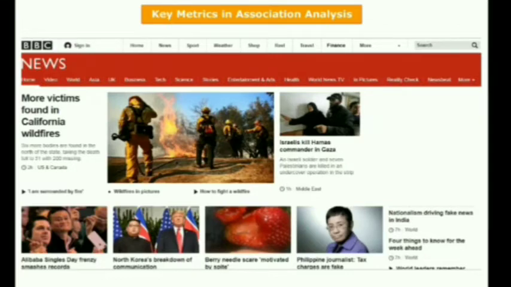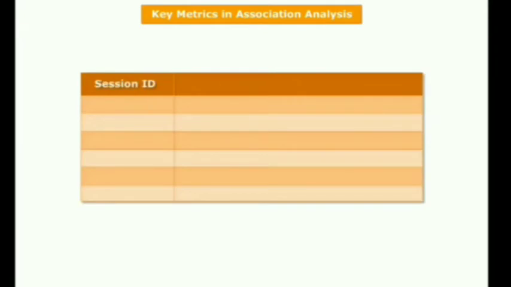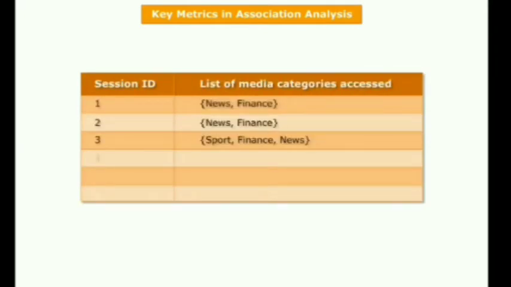In the case of online news sites, visits to categories such as news, finance, entertainment, sports, and arts are considered as items. You can collect the data as shown, with a list of sessions and media categories accessed during a given session. Our objective in this data mining task is to find associations between the media categories.